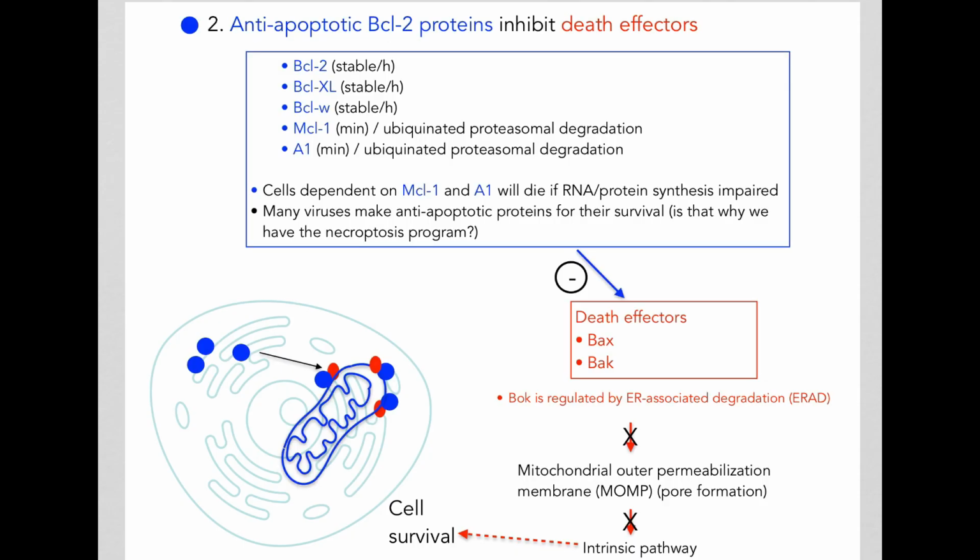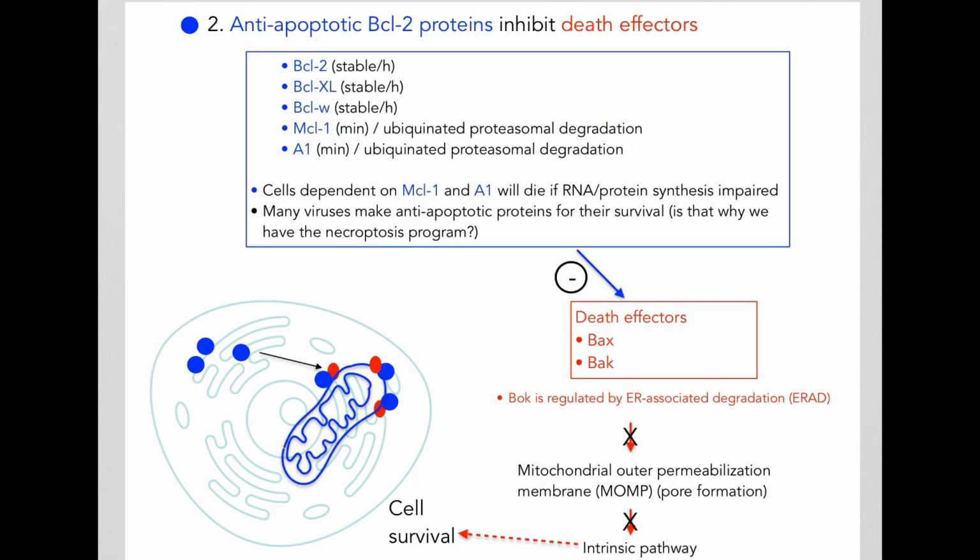You can see that some of these BCL2 proteins are very stable. Their half-lives are in hours, while some of them, like MCL1, have a half-life in minutes, very unstable. A1 is in minutes. They very quickly become ubiquitinated, and then they undergo degradation by the proteasome.